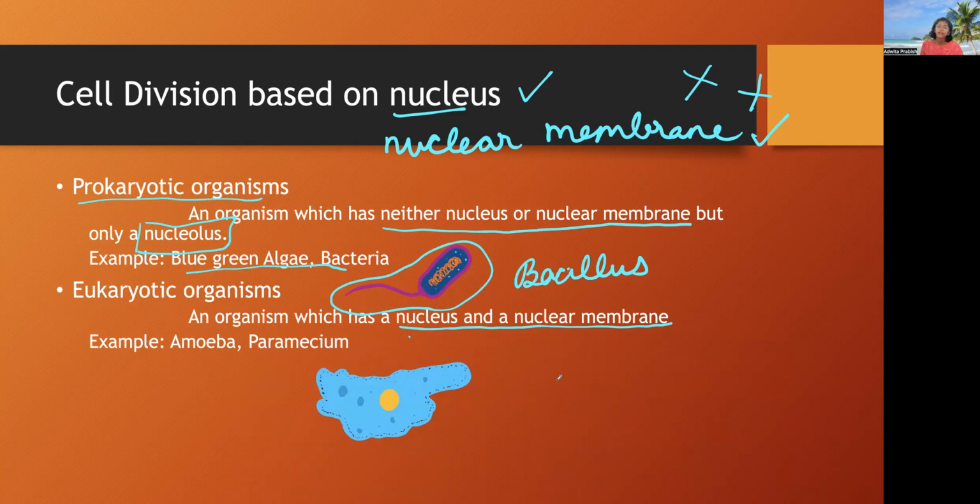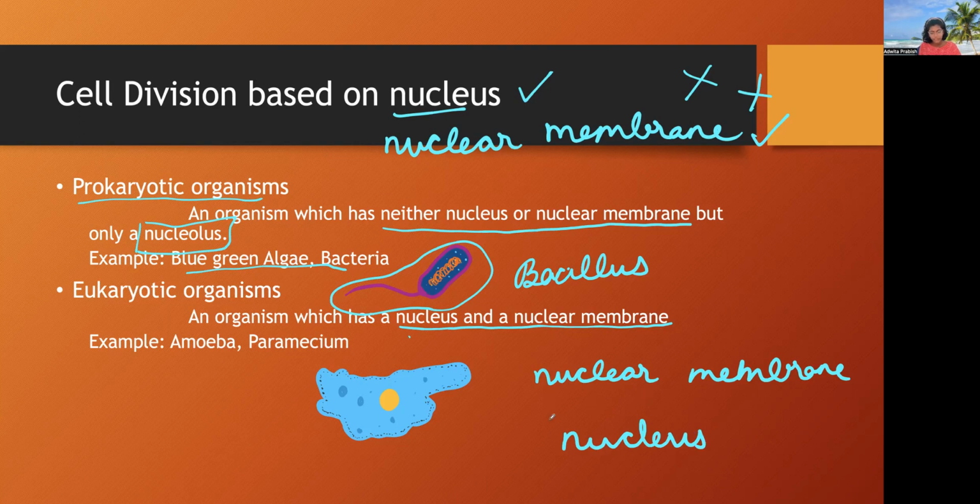So I said that if nucleus is present, then nuclear membrane is automatically present. So that is because the nuclear membrane does the same function that the cell membrane has.